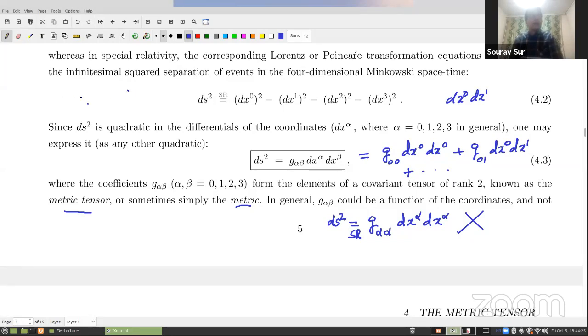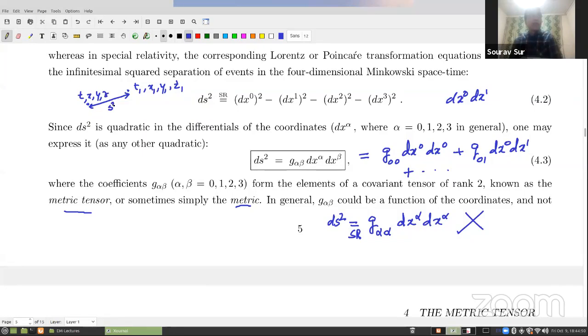You take 2 points in the space-time. These points are represented by 4 coordinates, t, x, y, z, and say the other one is t1, x1, y1, z1. So these are the coordinates. What would be the distance separation between these 2 points?